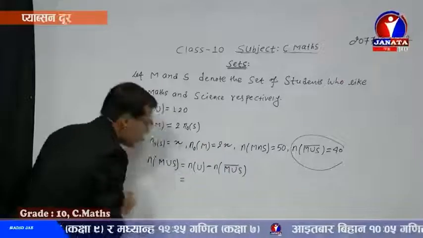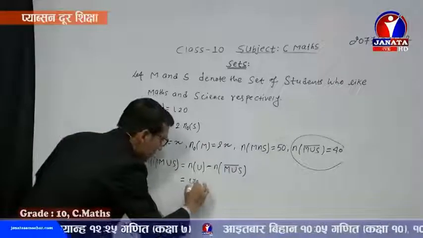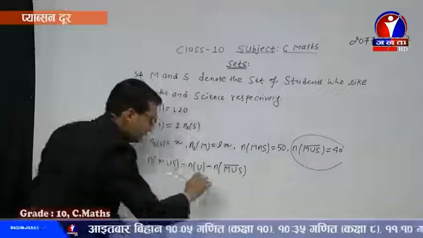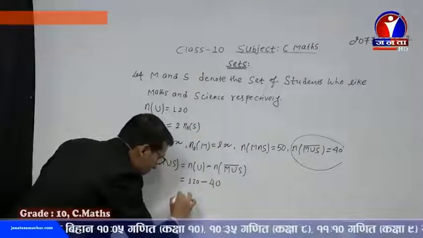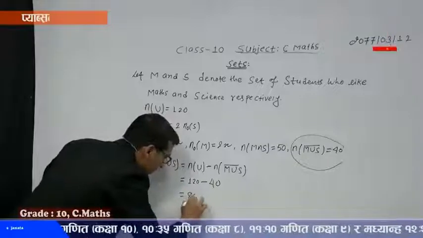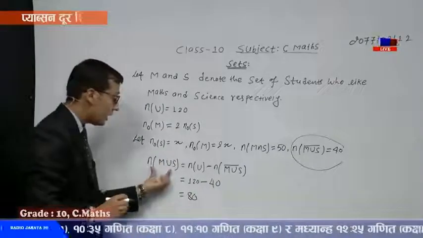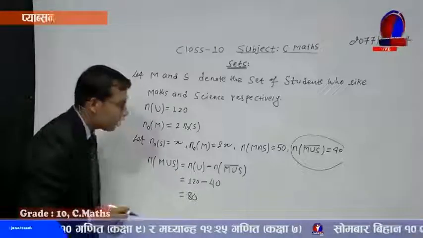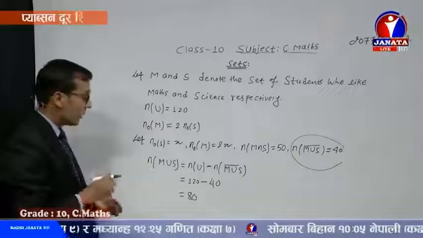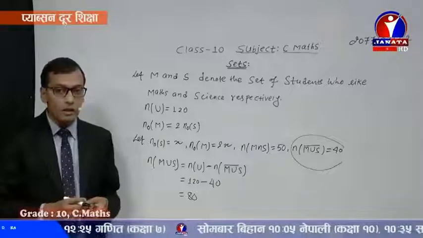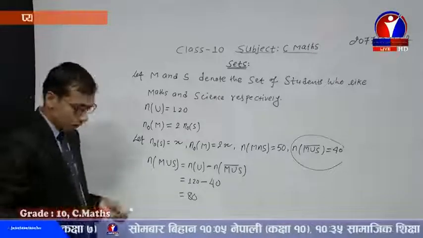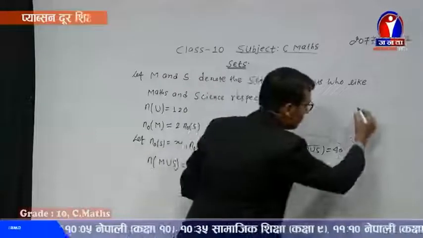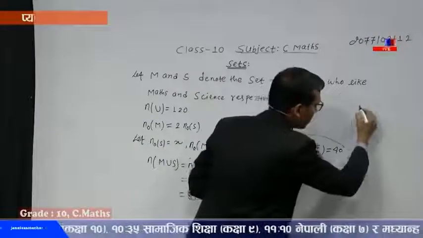So what is n of U? 120 minus, what is the complement? It's 40. So 120 minus 40 is 80. So n of M union S is 80. Now we can represent this information in a Venn diagram and solve for x. For that, let me draw a diagram at the side.